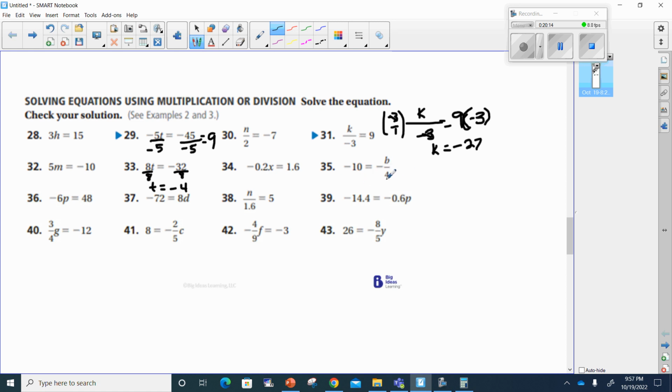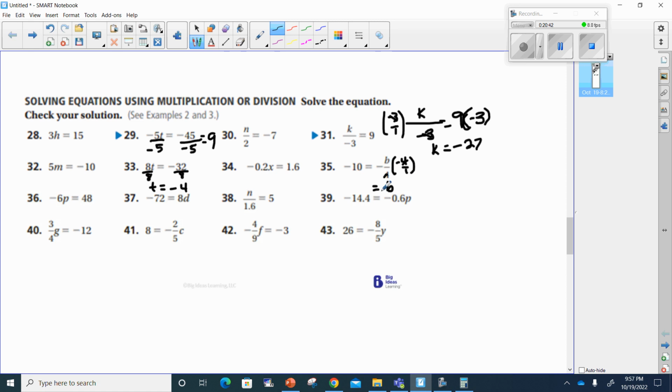Number 35, I see that I am dividing by negative 4. So I'm going to multiply by negative 4. This is going to leave me b by itself, because my 4's cancel out, and a negative times a negative is a positive.